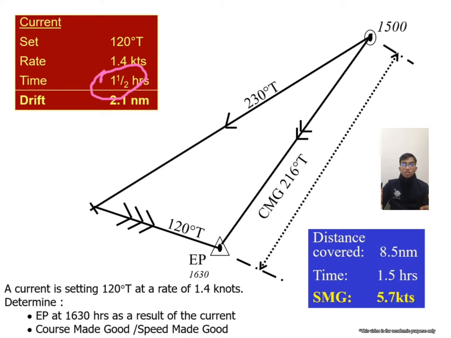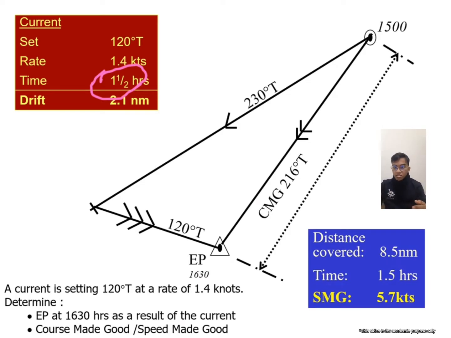So the resultant speed, the speed made good, is denoted by double arrows, and it is 5.7 knots. Because the ship did 8.5 miles in 1.5 hours, you just divide 8.5 by 1.5 and you will get the answer. The ship's speed was not the original 6 knots.